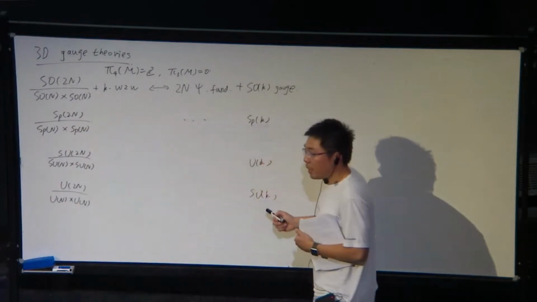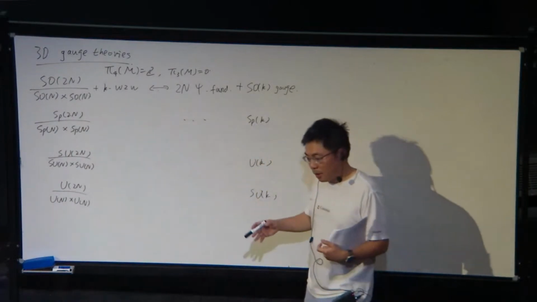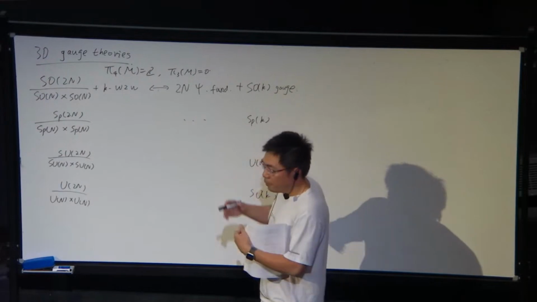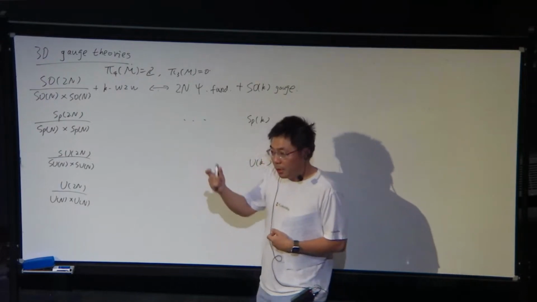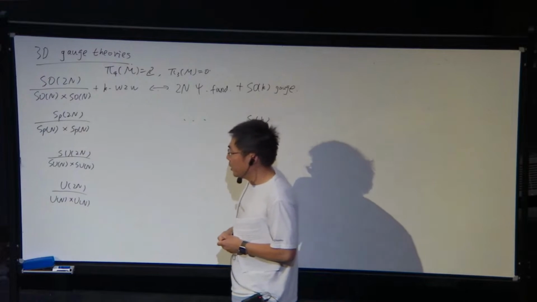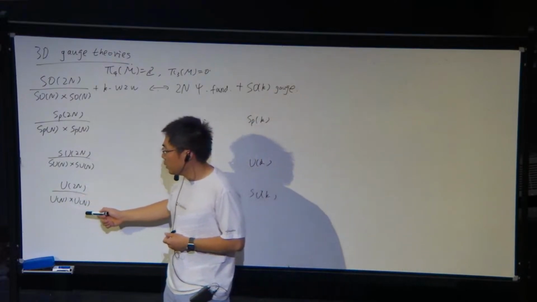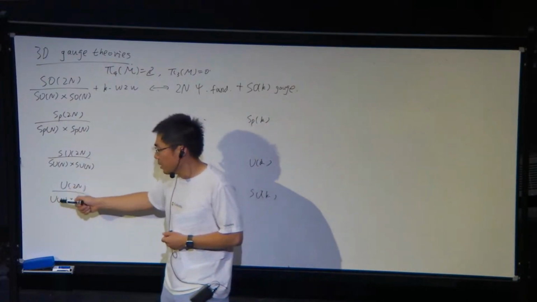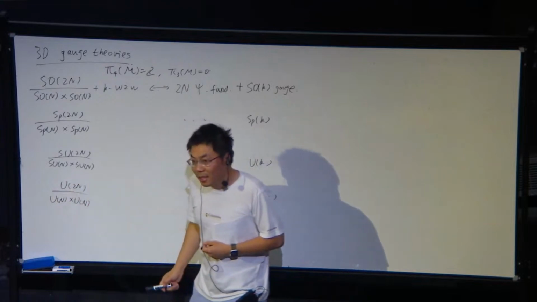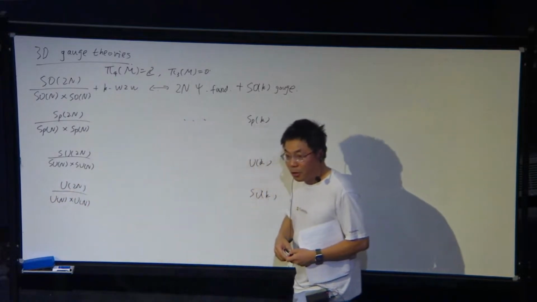And for the SUK gauge theory, there's an SU2n flavor symmetry and a U1 phase rotation. The SU2n is realized as a global symmetry of this target space, but the U1 is realized in a very funny way.